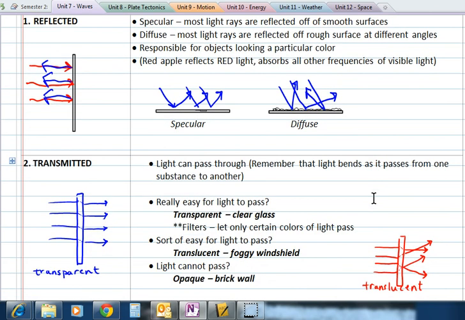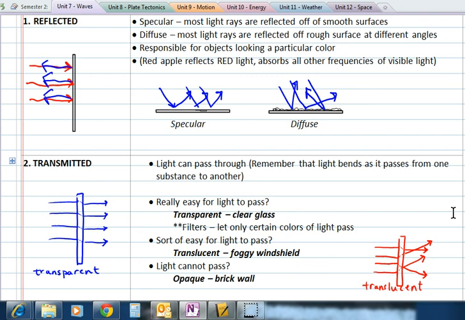All right, the next thing that can happen is light can be transmitted. And light can be transmitted in two ways. Uniformly and evenly, such as through a clear windshield, which we would call transparent because it's really easy for light to pass through it. Or translucent, it's over here. This is where light can pass through, but it gets scattered as it passes through.